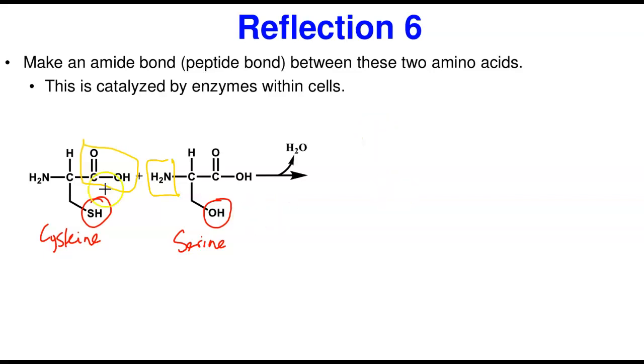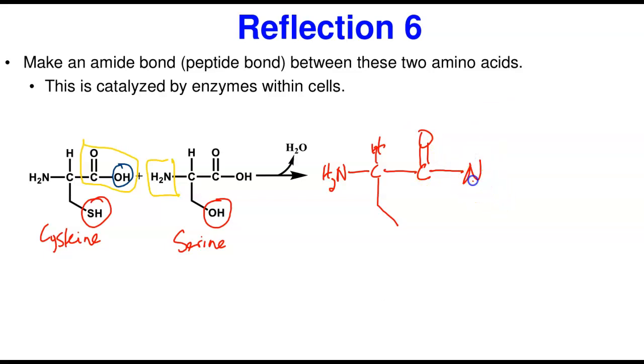So let's see. We'll start putting it together. So now, this one will remain here. Nothing happens at this point. This hydrogen is there. This, of course, is there. Now, this is where the reaction is taking place. What is being lost? Okay, let me use a different color. You're losing this now. So you're going to have this C here, and then this C will now come and get connected to this nitrogen here.